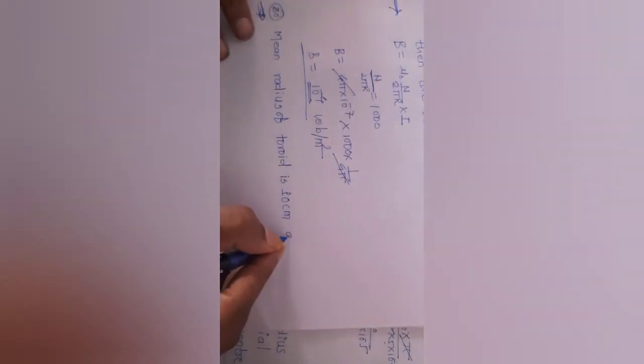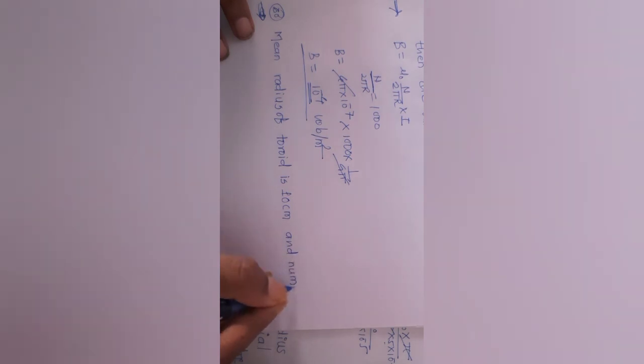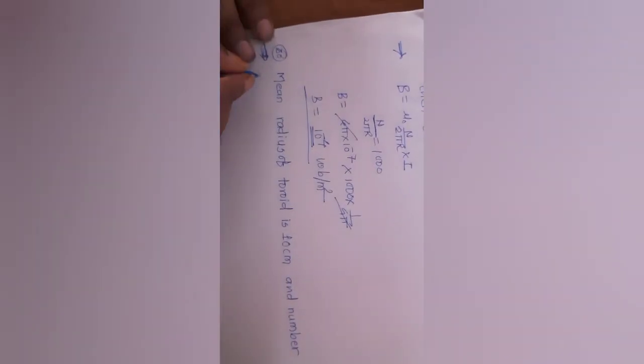Then after that we have the problem number 30. So for the problem number 30 we have to write down the problem first. Mean radius of toroid is 10 centimeter and number of turns are 500.